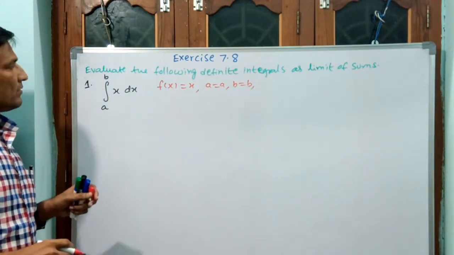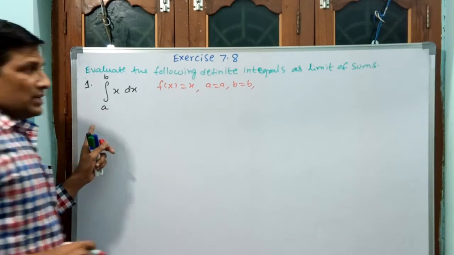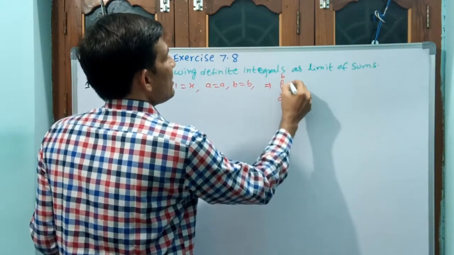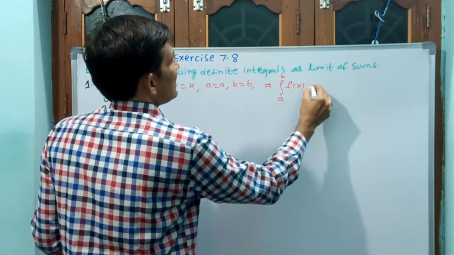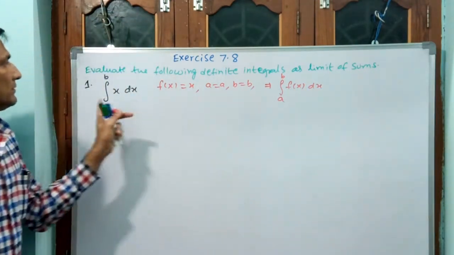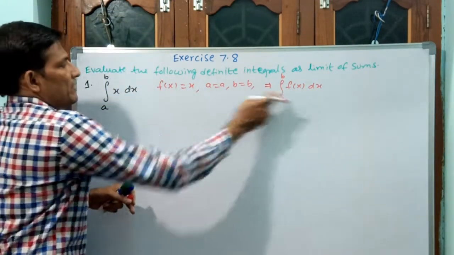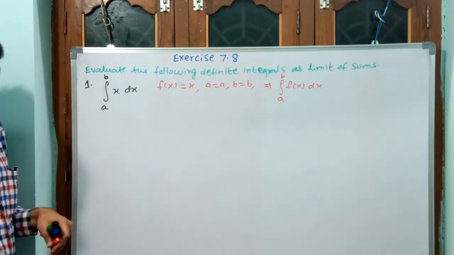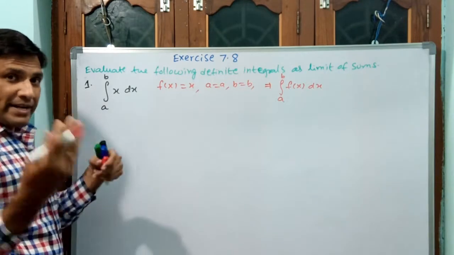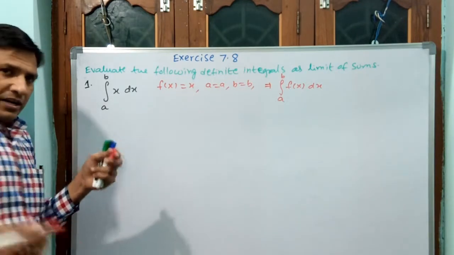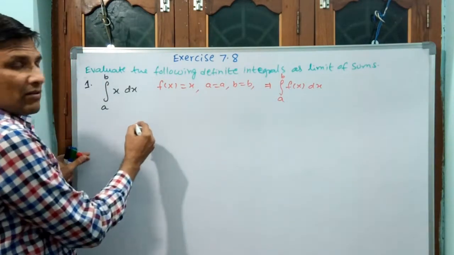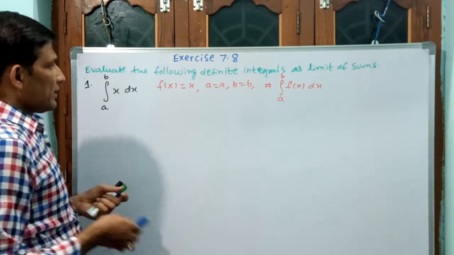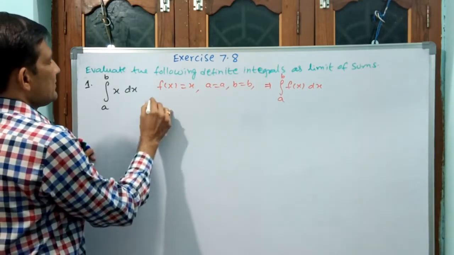This is standard. Now you see, this you have to compare with the integral from a to b of f of x dx. We are comparing. f of x is x, b is b only, a is a only. That is okay. But we have to write h and n also.